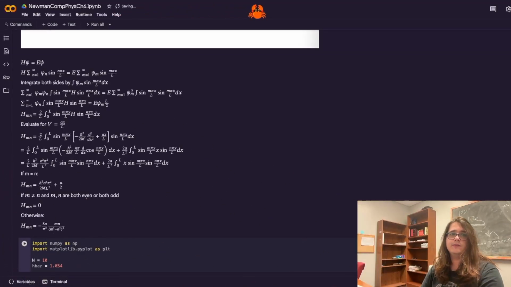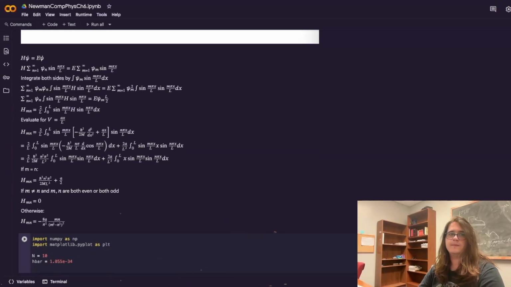And I'm actually going to leave all of the physical constants in SI units for now, and then convert back to eV at the end. So that's 1.055 e to the minus 34 joule seconds for h bar.